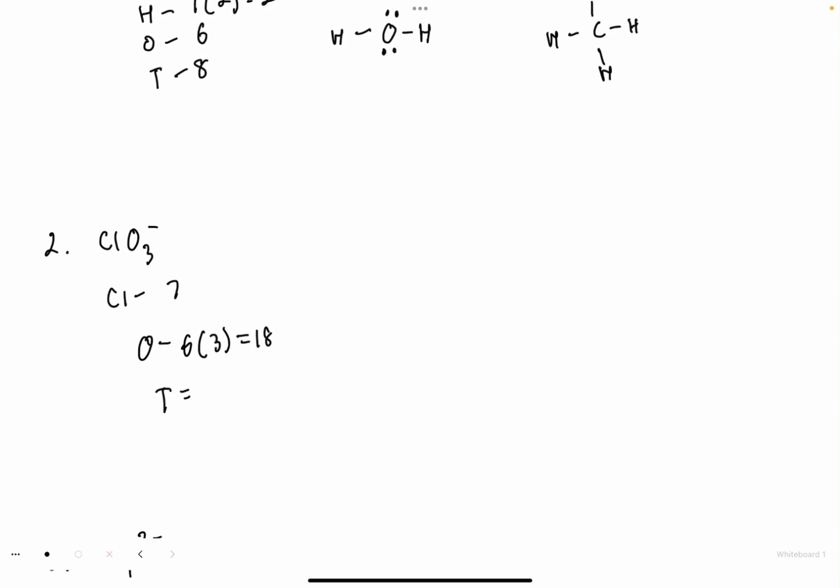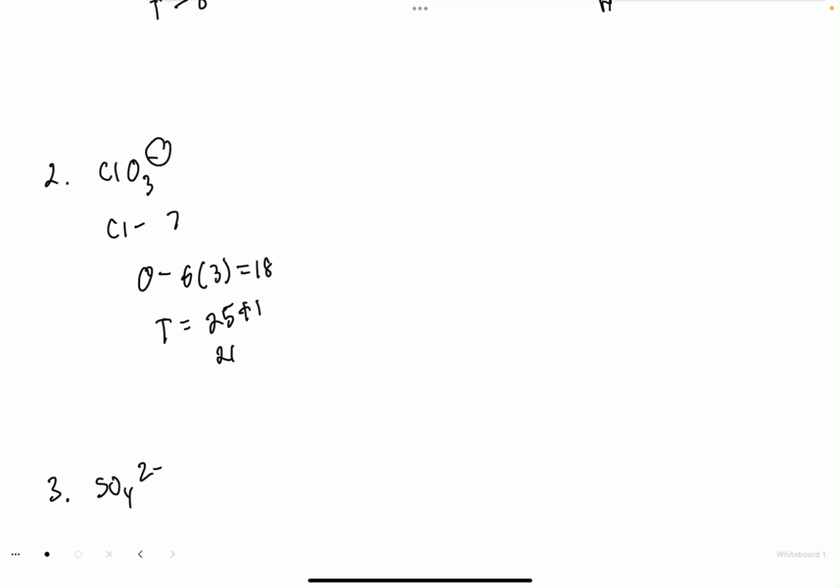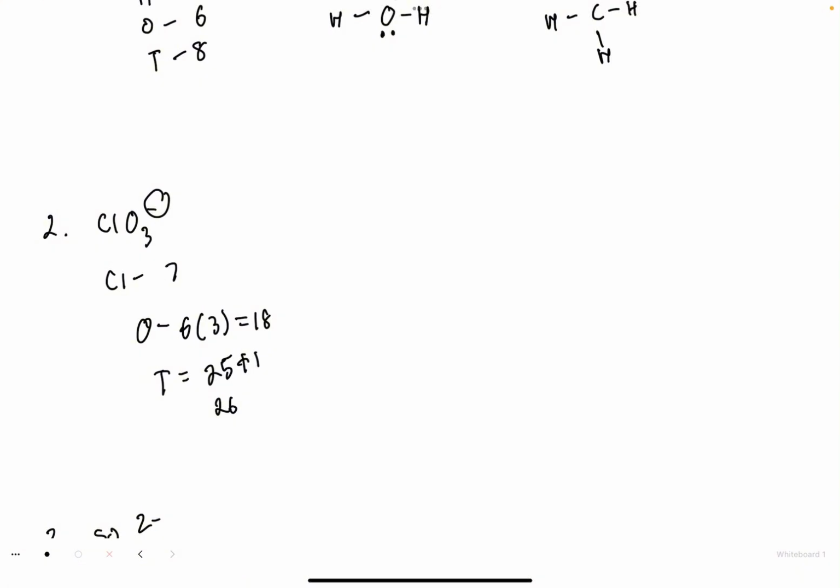So the total would be 25. However, you have a minus, so that's an additional electron. So that's 26 electrons. Chlorine goes in the middle, since there's only one of them. Oxygen, oxygen, oxygen.